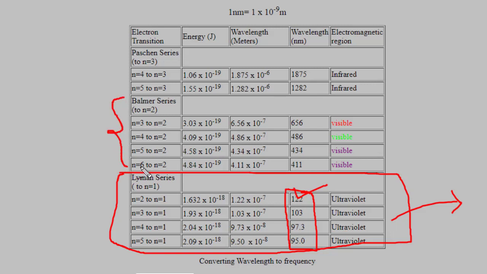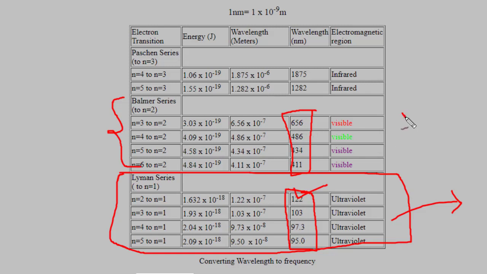For the Balmer series, they have given these values over here. You can see here the wavelength is increasing in this Balmer series. It ranges from 411 to 656 nanometer.